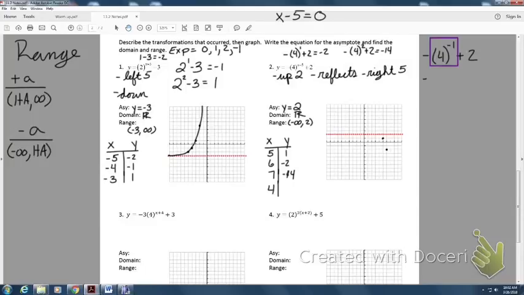To get rid of the negative exponent, the base goes to the denominator, and that -1 is now +1, still on the 4. Okay, so now I end up with -1/4 plus 2, or 2 minus 1/4, which is going to give me 1.75. So you can see the path that it is going to take.